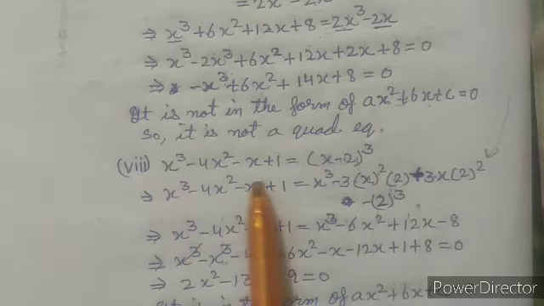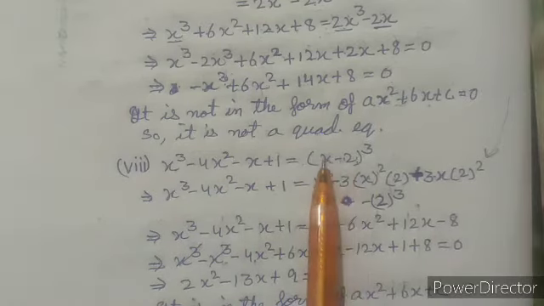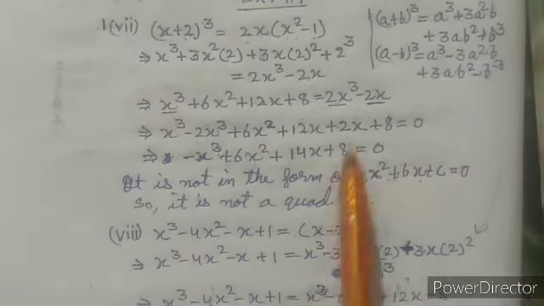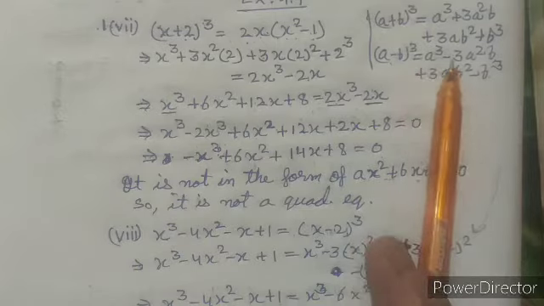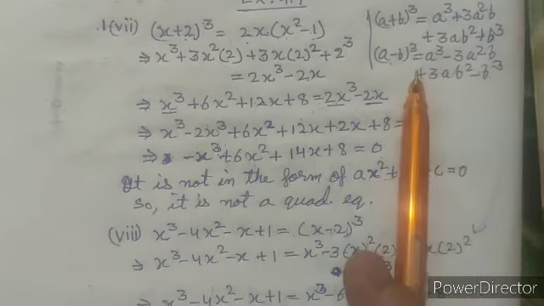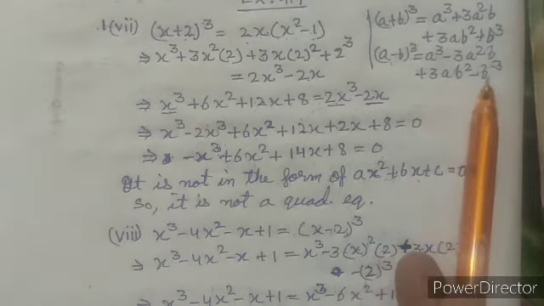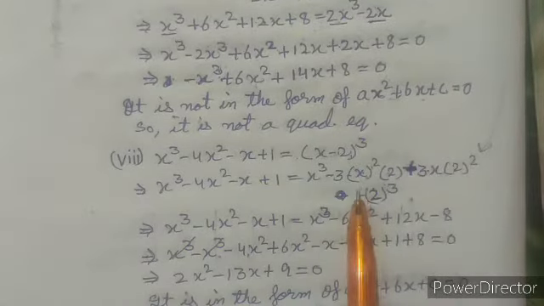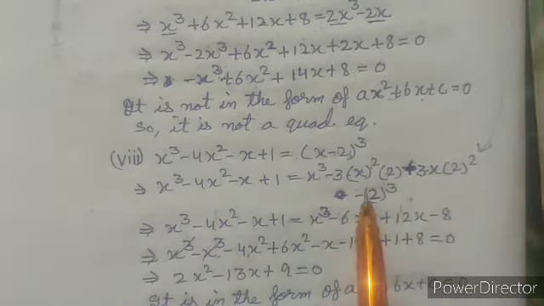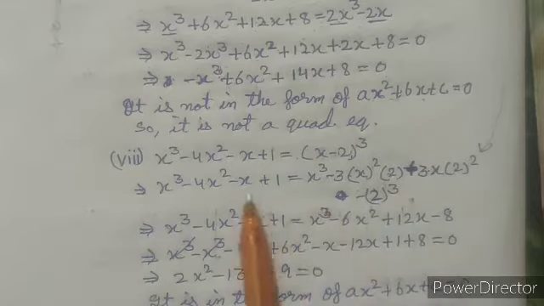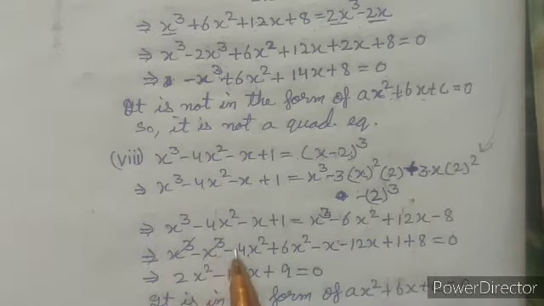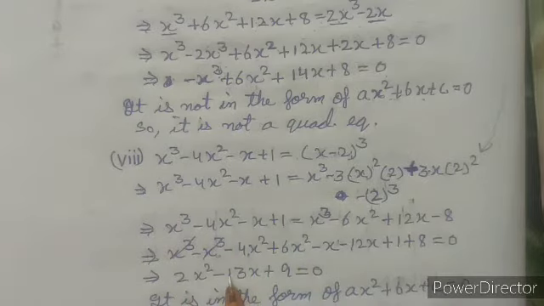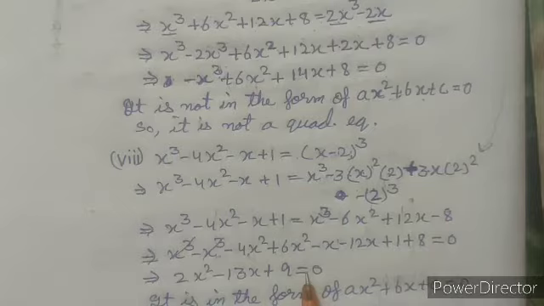On the right hand side we will apply the formula of (a − b)³, which is equal to a³ − 3a²b + 3ab² − b³. Then we will take all the terms to the left hand side, and on writing the like terms together we get 2x² − 13x + 9 = 0.